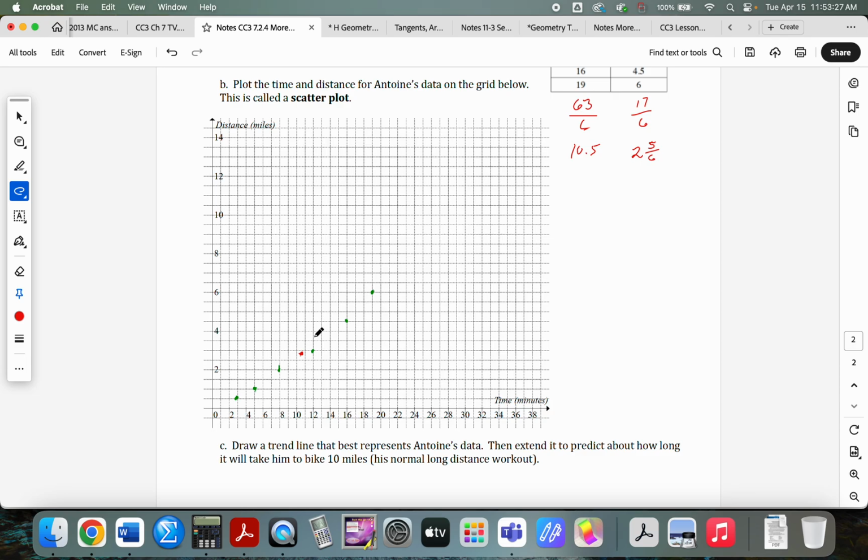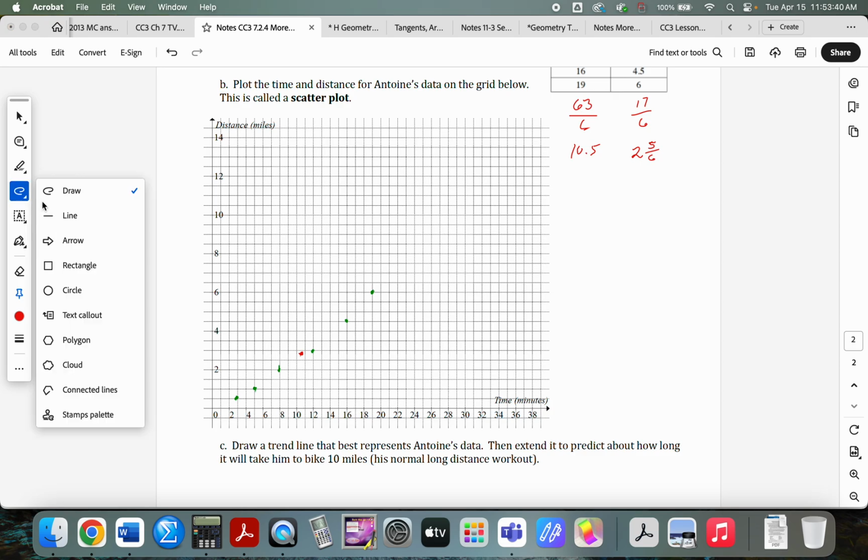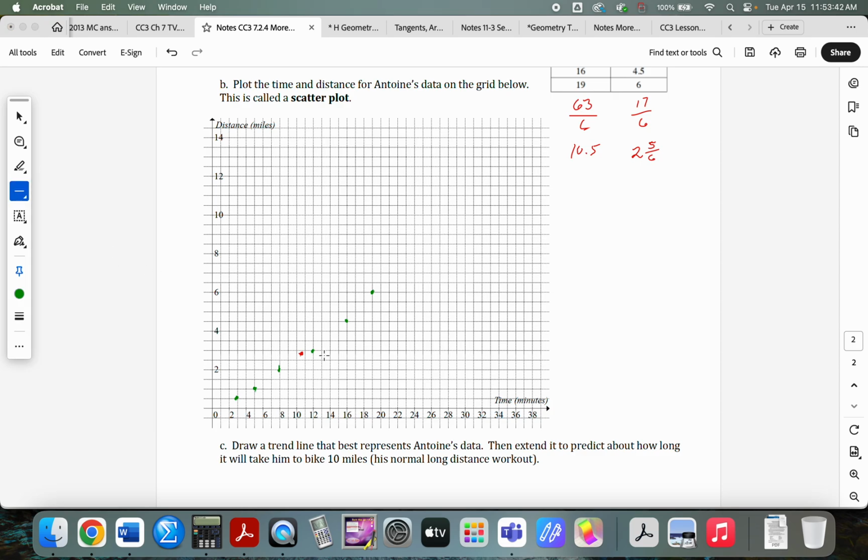So what I'm going to try and do is draw a line that'll go through this that's as close as I can get to all these other points. If you want to grab a ruler and try it, please do. They're right up there on the table at the front.